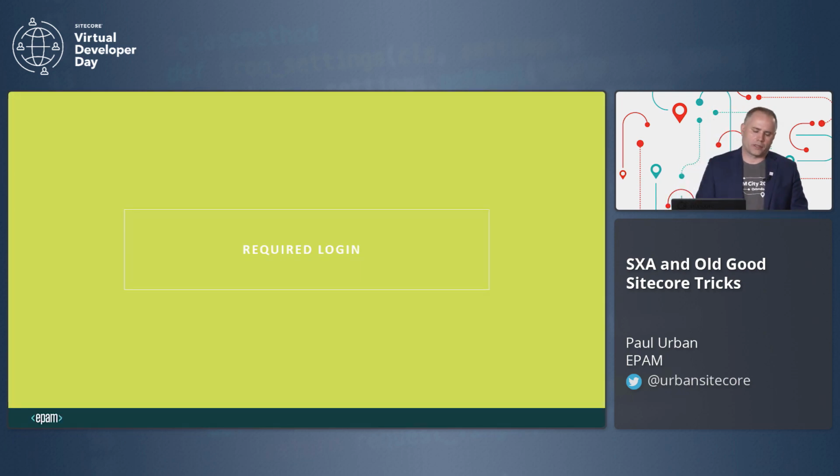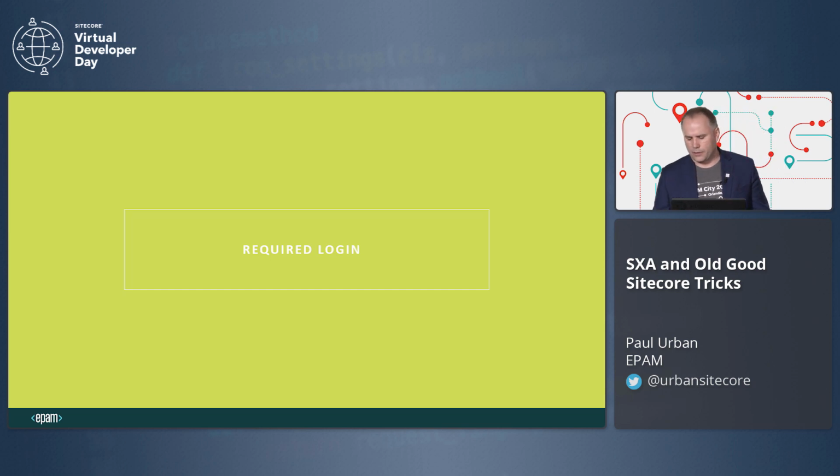Now about required login. In my recent project, I had a requirement, for a reason that I don't know, that they wanted to protect the CM website from public access. There probably are a lot of ways of doing that with Azure or on the infrastructure level.